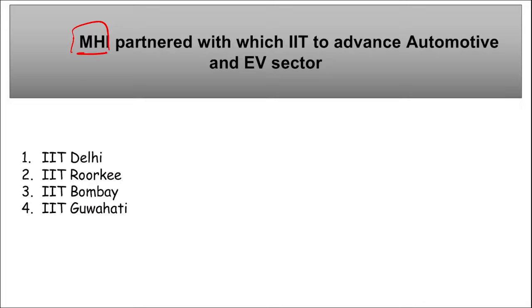MHI, Ministry of Heavy Industries, they have partnered with which IIT to advance automotive and electric vehicle sector, right? So that there should be transformation and growth in the automotive sector as well as a growth in the electric vehicle sector. For this, Ministry of Heavy Industries, they have partnered with which IIT? They have partnered with IIT Roorkee to grow this automotive sector and electric vehicle sector, right?